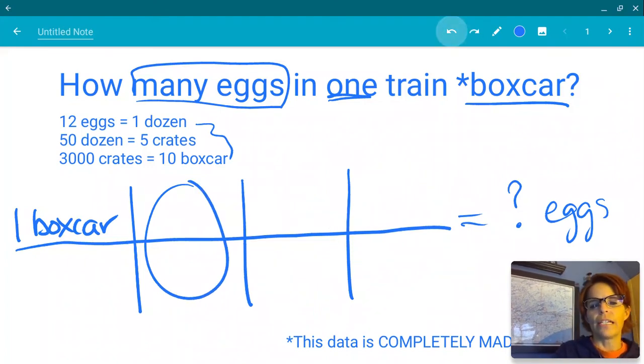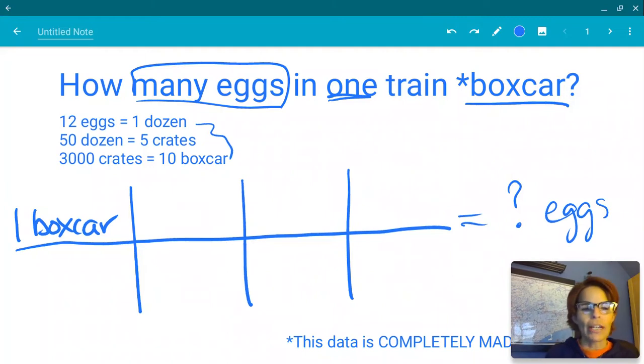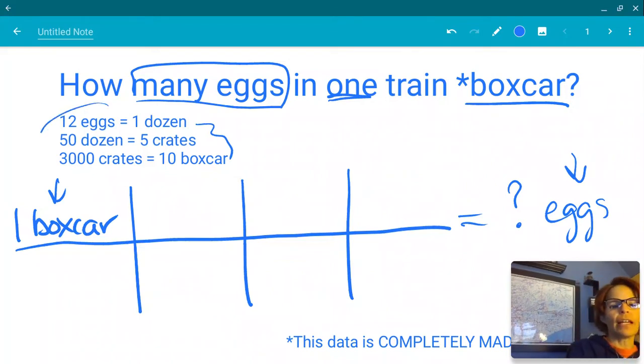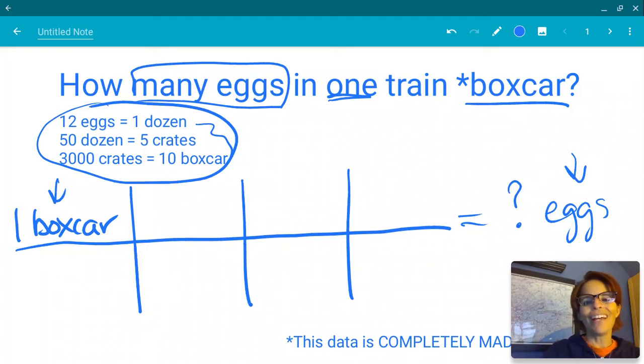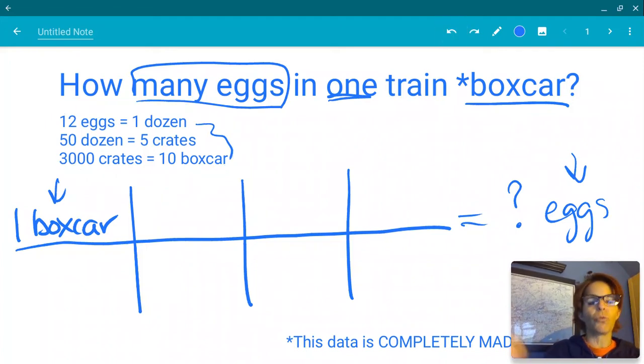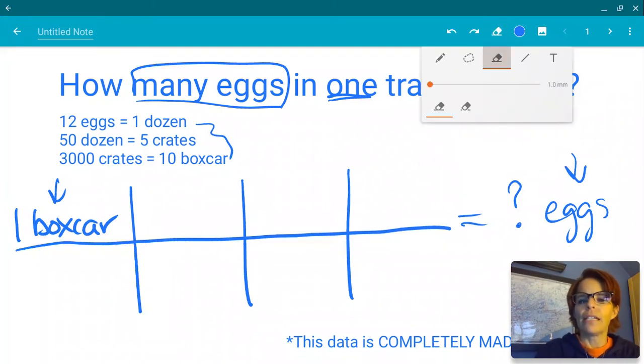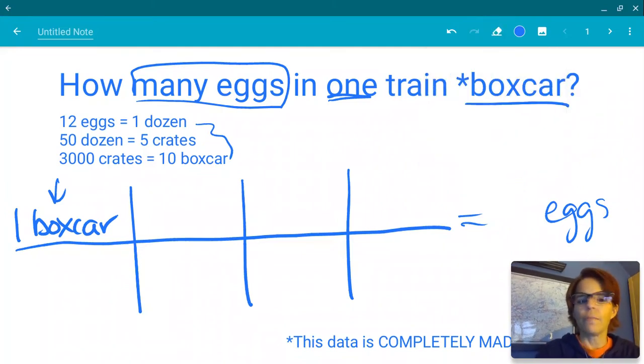So if I have one boxcar over here, how many eggs am I going to end up with over here? With the information that I have, I don't have enough to go directly from boxcars to eggs, but I can go gradually from one conversion to the next to get to eggs. I'm going to erase my question mark now so that we have space.